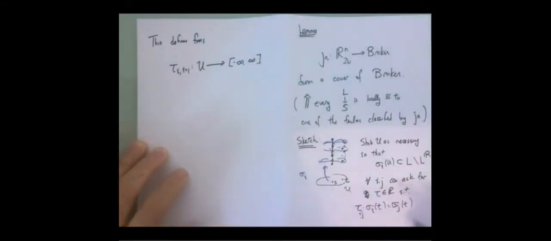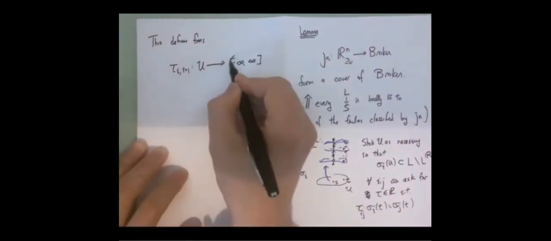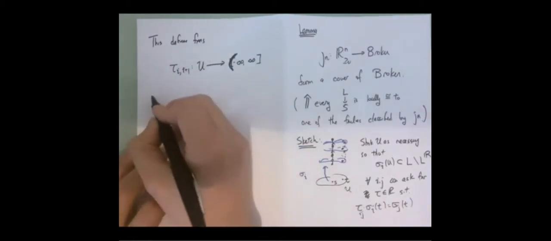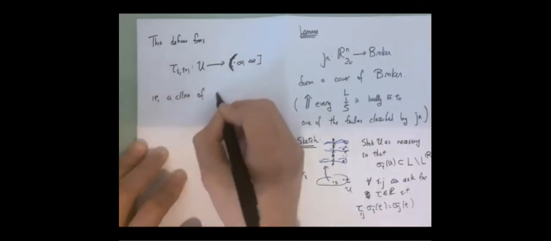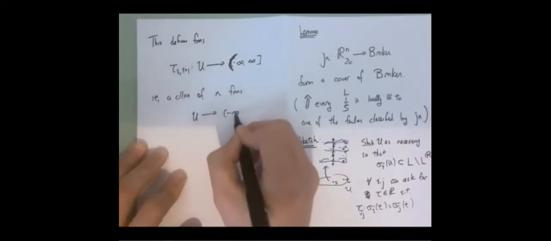And in fact, because everything is ordered, and I'm only considering i to i plus 1, you can just make it so that this is open here. Okay. And so how many of these are there? That's a collection of, let's just say, n functions from U to this half-closed real line.